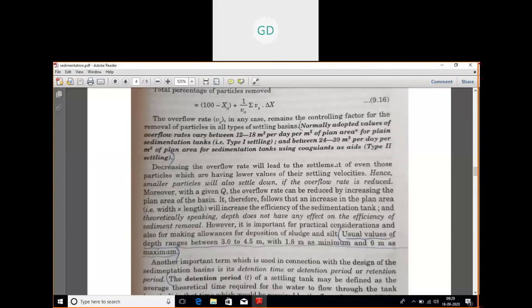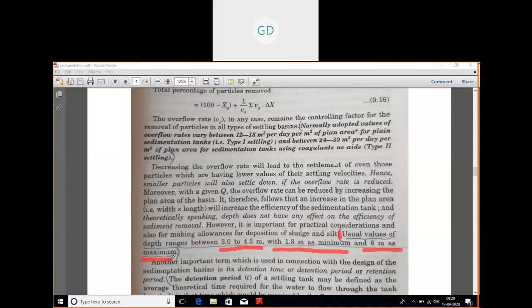After writing that, you proceed to write the values of depth. The usual values of depth, that is the water tank depth, range between 3 to 4.5 meter, with 1.8 meter as minimum and 6 meter as maximum.